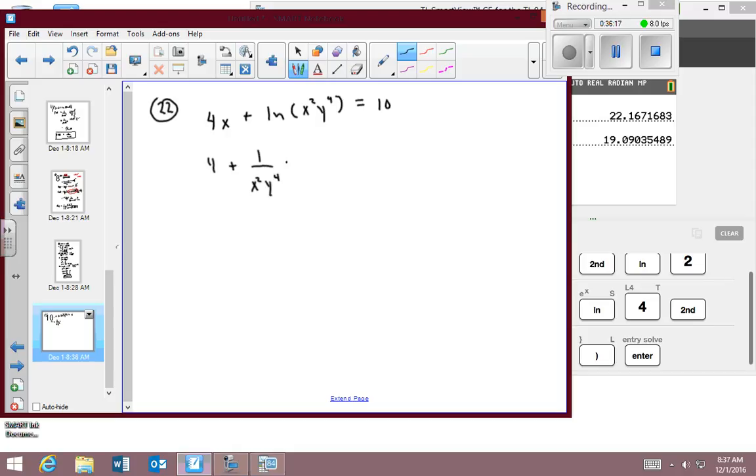That's the derivative of the first times the second plus the first times the derivative of the second, which is 4y cubed y prime, equals 0.